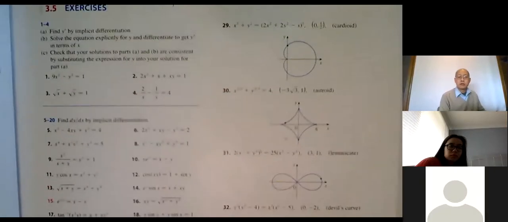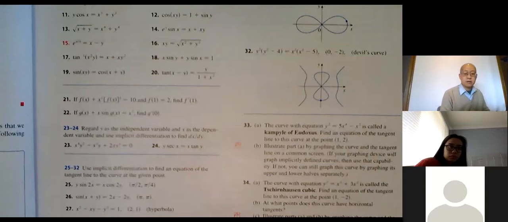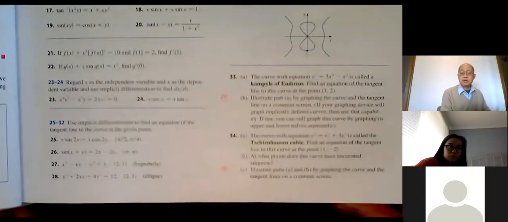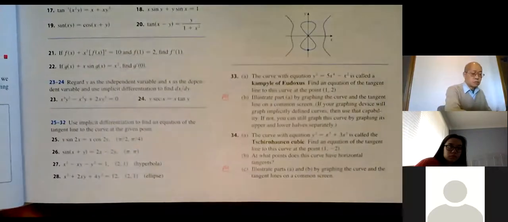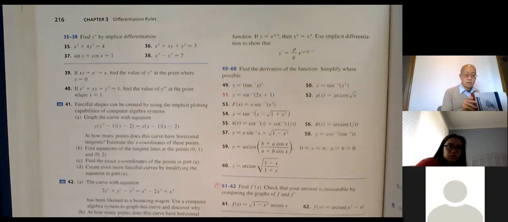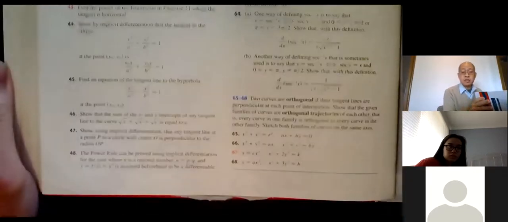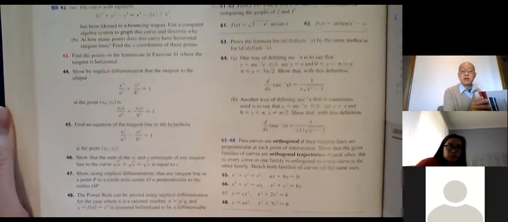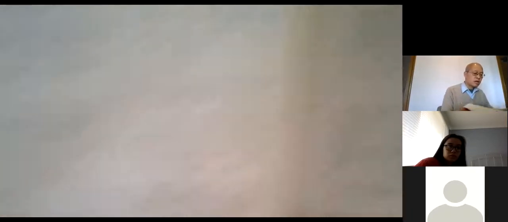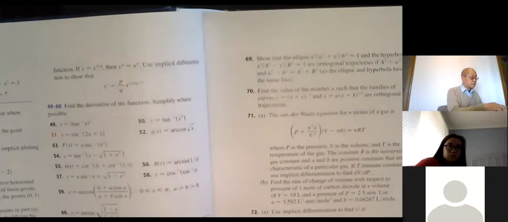A little bit farther down, and on the next page, up to 60.